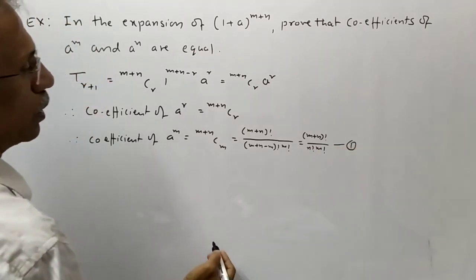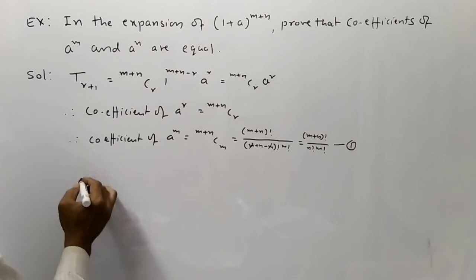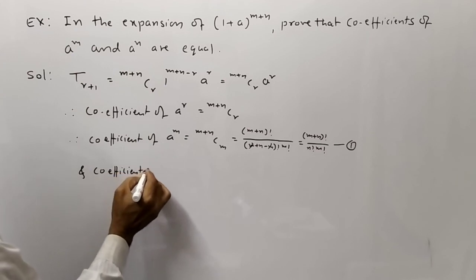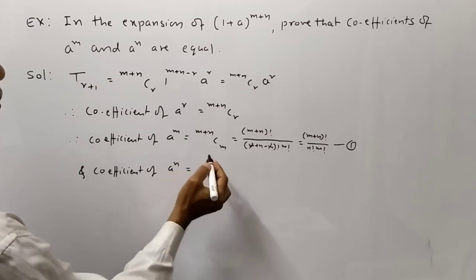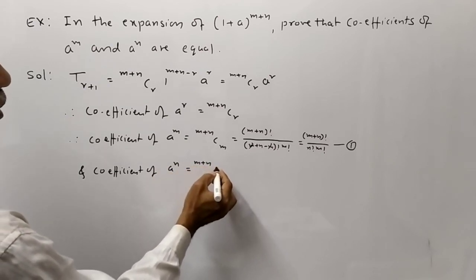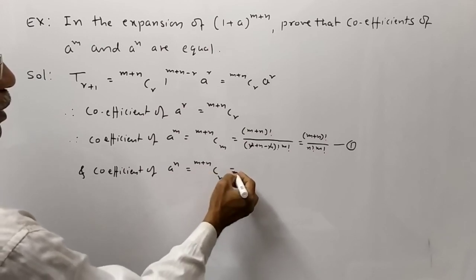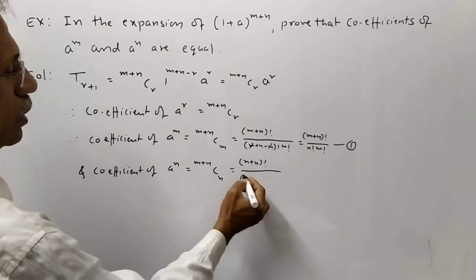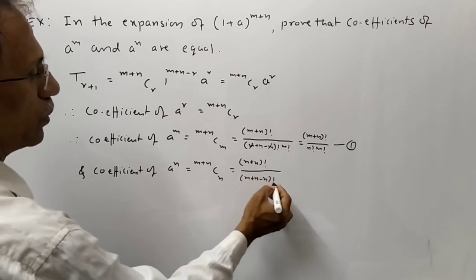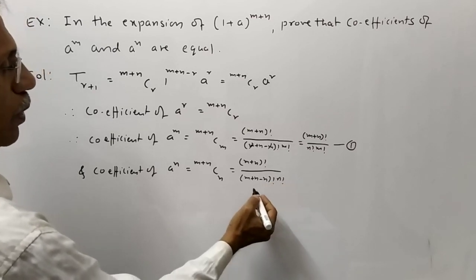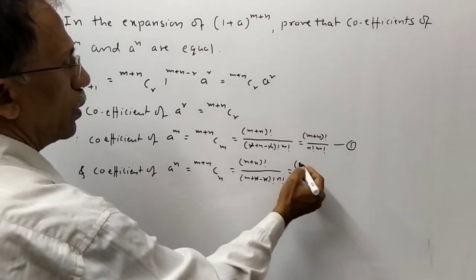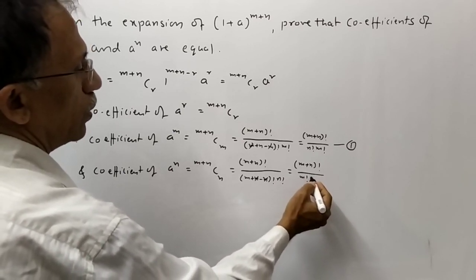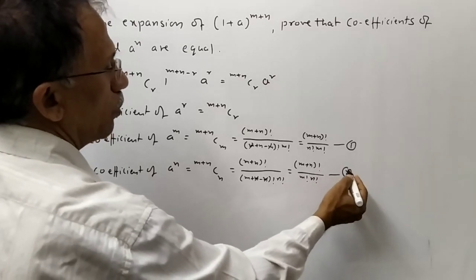Say number 1. And coefficient of a raised to the power n is equal to (m plus n) Cn, is equal to (m plus n) factorial divided by (m plus n minus n) factorial into n factorial, is equal to (m plus n) factorial divided by m factorial into n factorial. Say number 2.